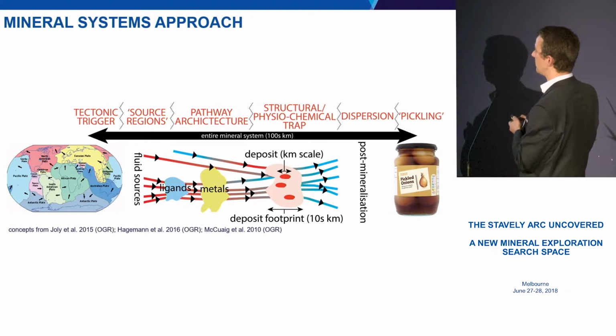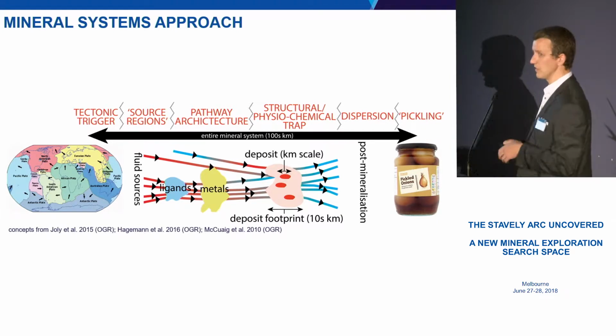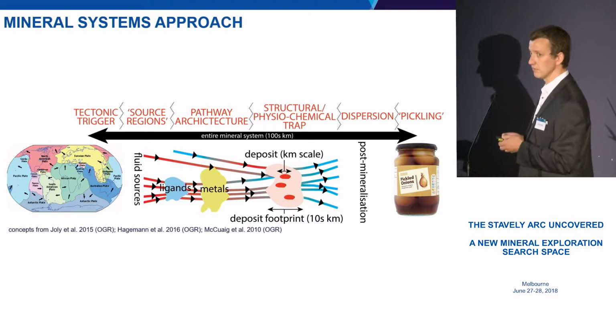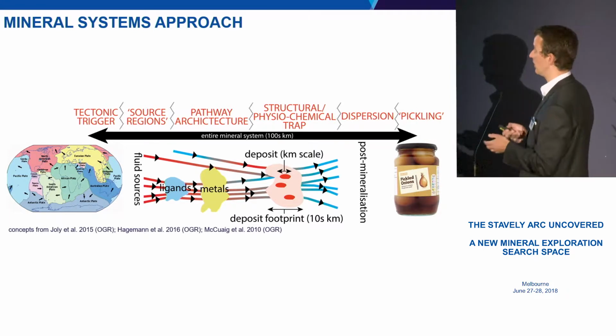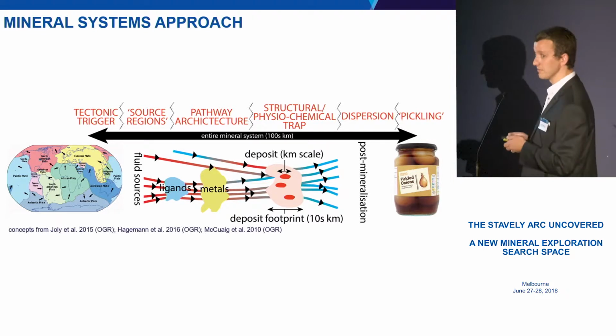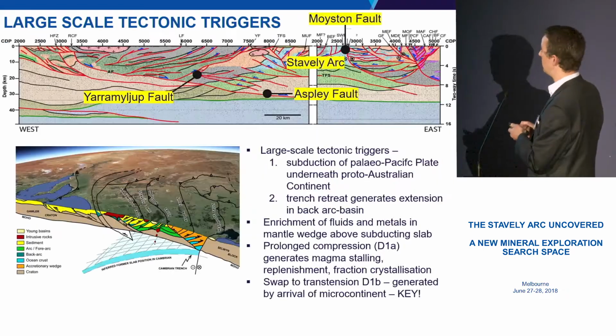And then we also have things that occur at the time of mineralisation. We get dispersion around the deposit from outflow, but also we get much later geochemical dispersion as a result of things like later weathering events. And also we pickle the deposit as well, so we preserve it in some way.